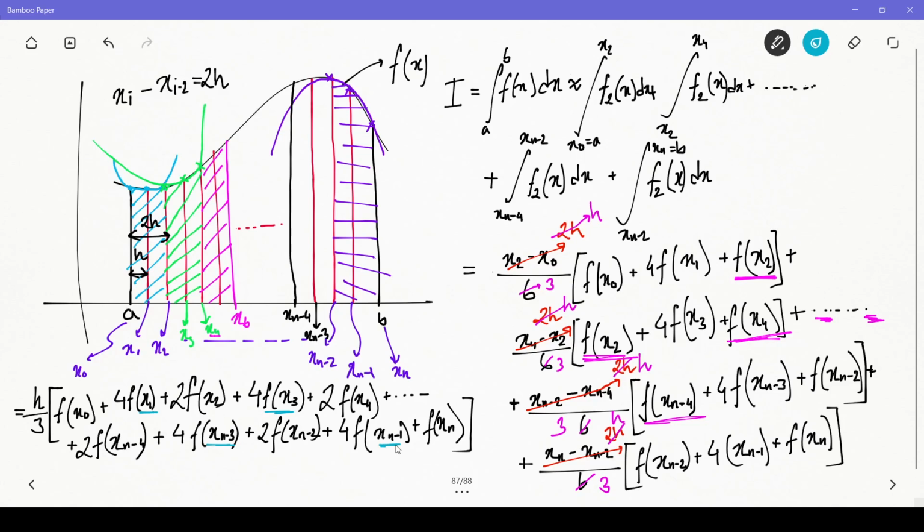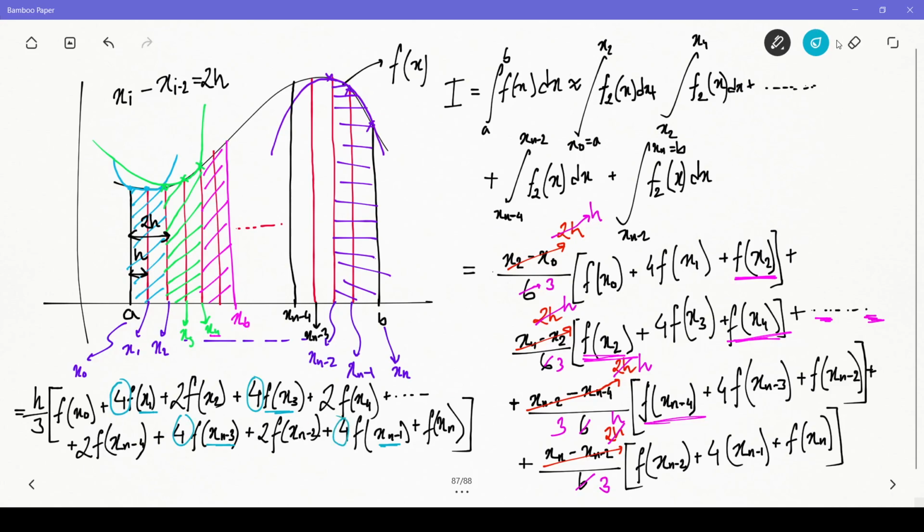So n minus 1 will for sure be an odd number, n minus 3 will also be an odd number, right? So before the functional values of the x's with odd indices, we have 4 multiplied, right? Here, here, here, and here.